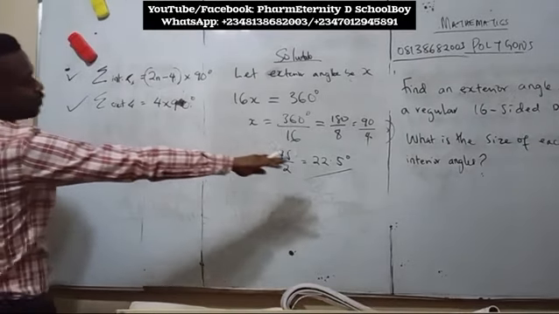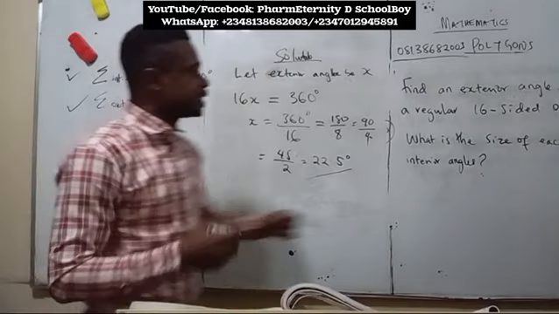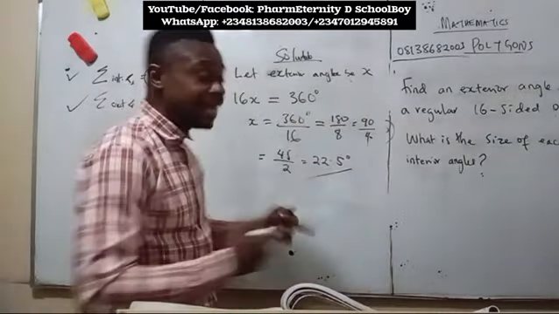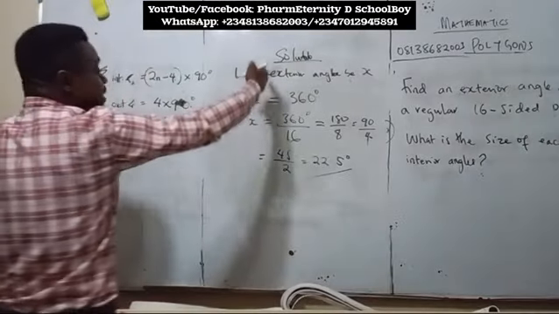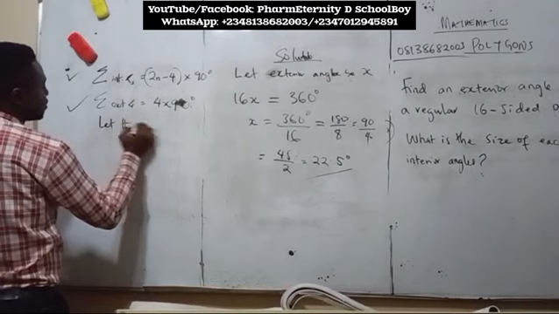So for the interior, it's the same 16 sides, so multiply by 16 again. We called the exterior angle x. Let the interior angle be y.